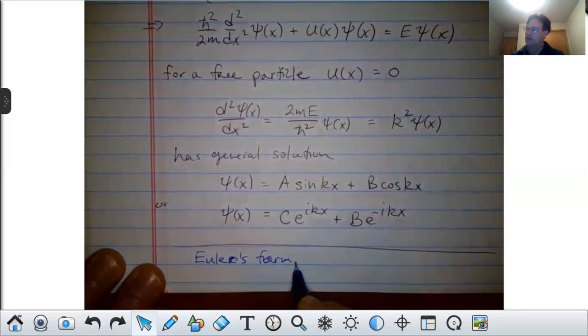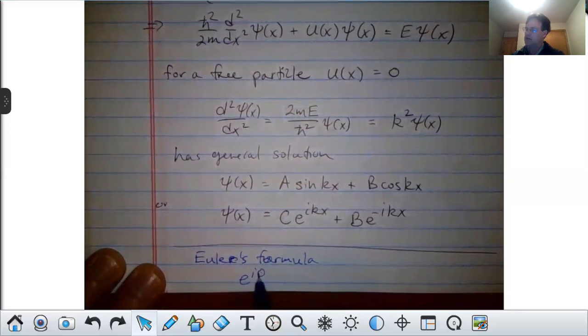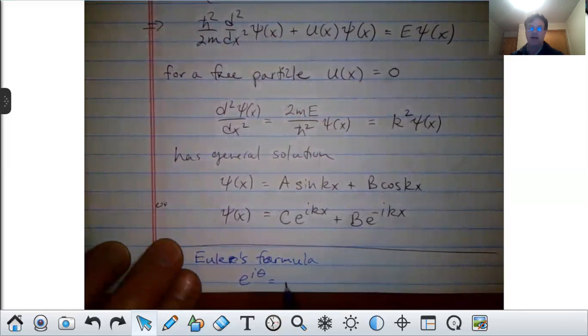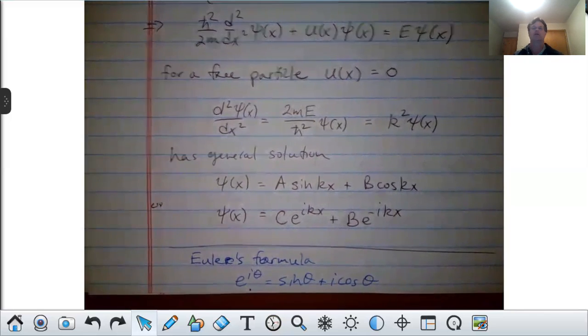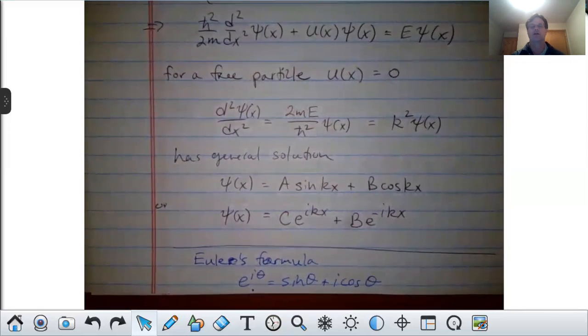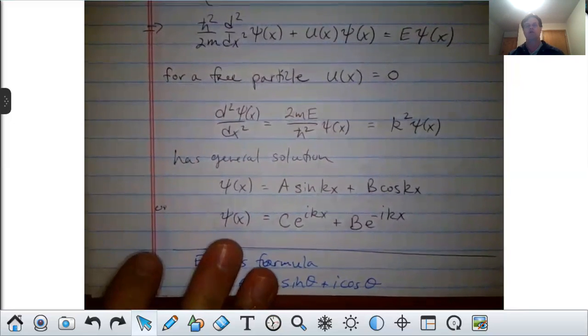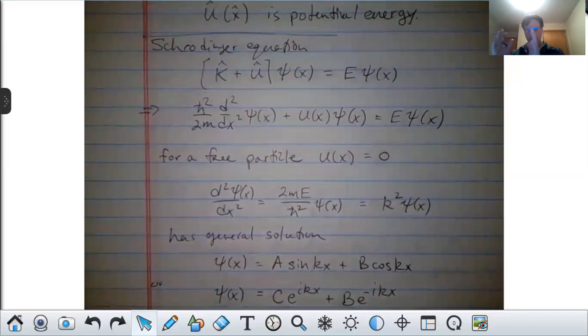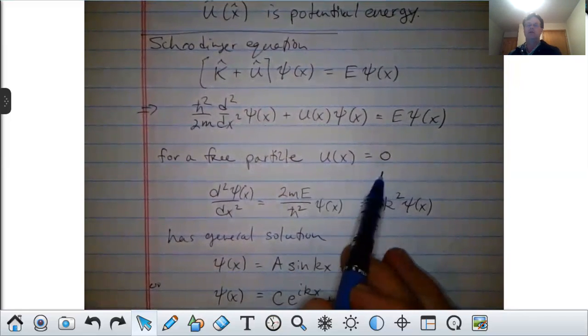And it turns out that really these e to the ikx functions are just a combination of sine and cosine. Cosine theta plus i sine theta is equal to e to the i theta. So the point is, I can write a general solution different ways for this free particle. And it's going to come up in our infinite square well, because inside that particular well, that particular potential function, U is equal to 0.